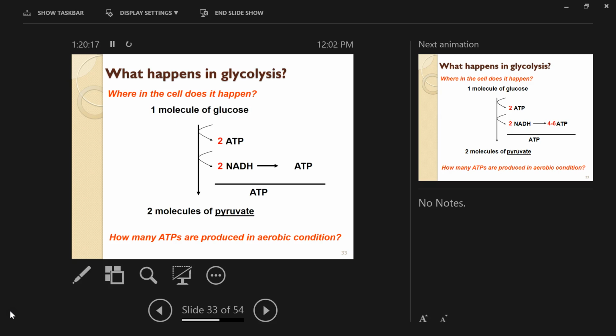If NADH is already generated in the mitochondria, the TCA cycle can also produce many NADH molecules, right? And the TCA cycle occurs in the mitochondria.